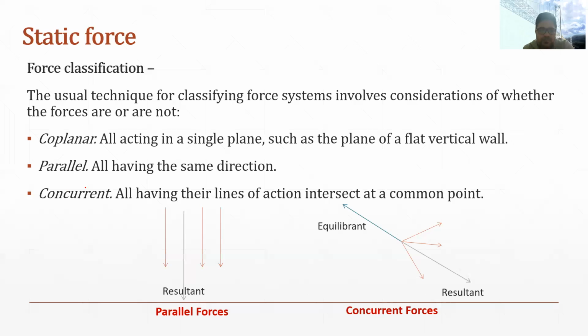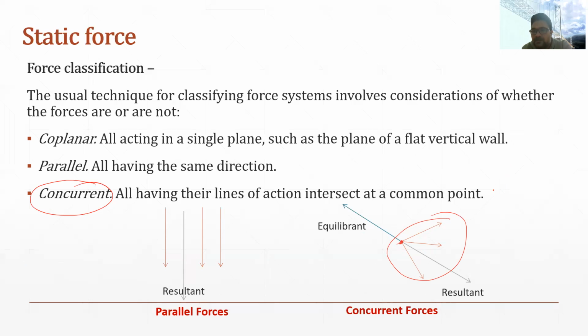Similarly, the force can be concurrent. Concurrent forces are those forces which originate from, or are applied on, a single point. For example, you can see this is an example of concurrent forces. These three forces are originating from a single point.